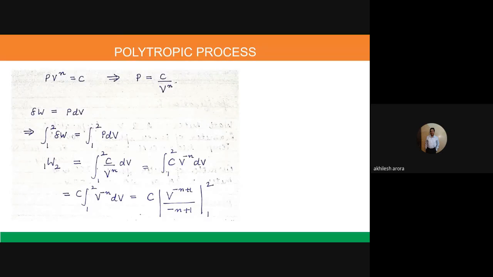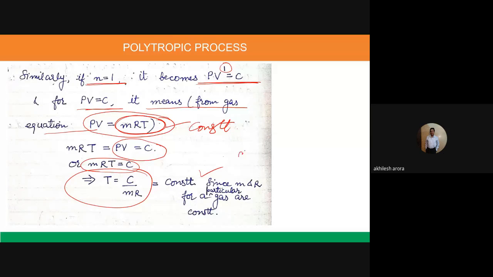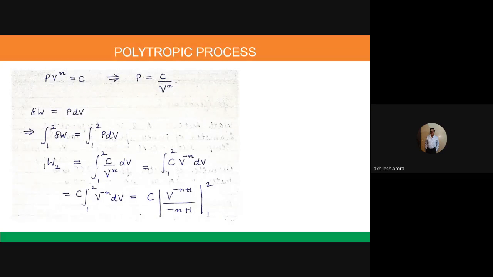So basically, I have given you the example in two cases, where the value of n is equal to 0 and where the value of n is equal to 1. But I will extend this for the remaining processes also. For the timing, I am going to calculate the work transfer for the polytropic process. So let us see. I just wanted to tell you what the polytropic process is.